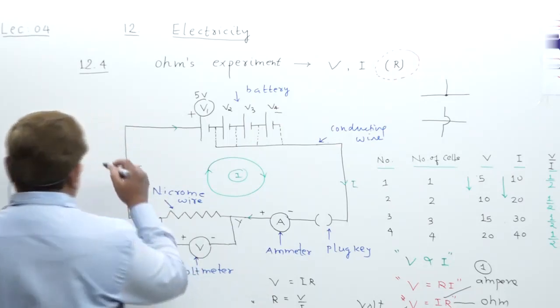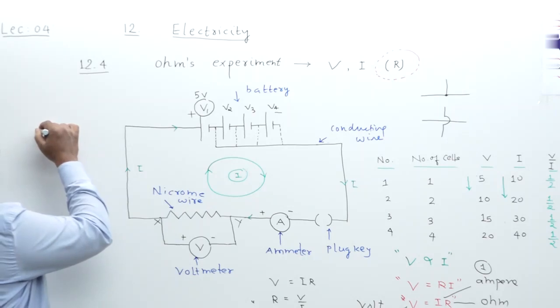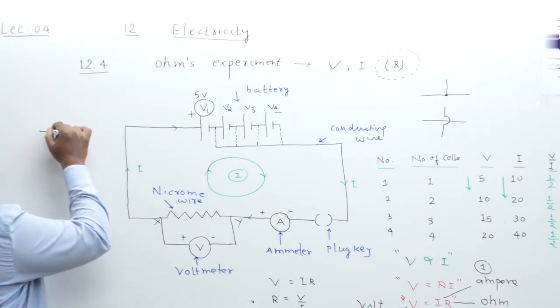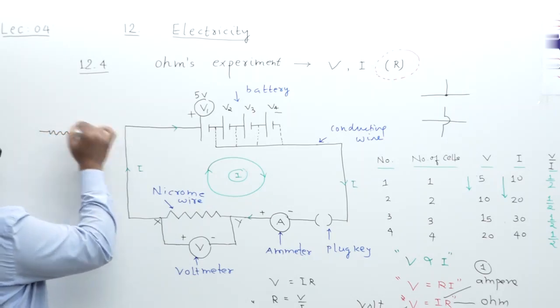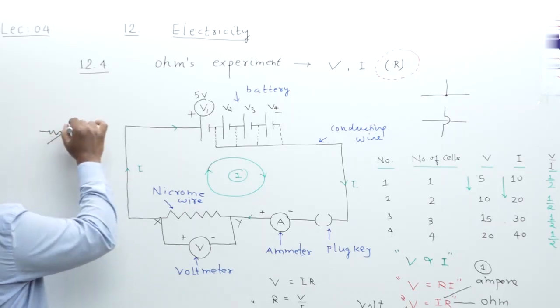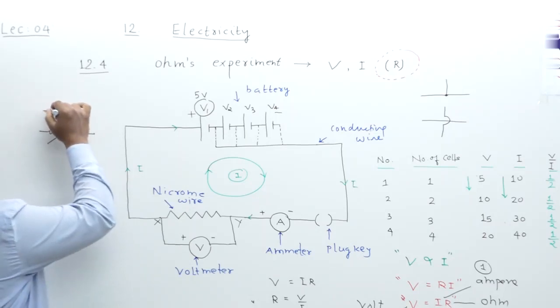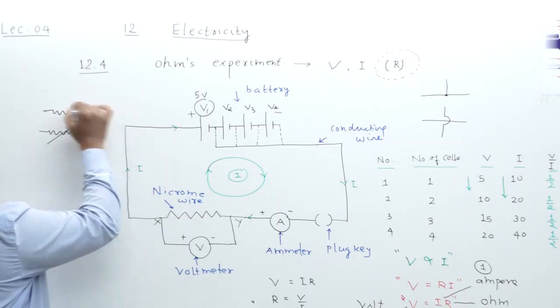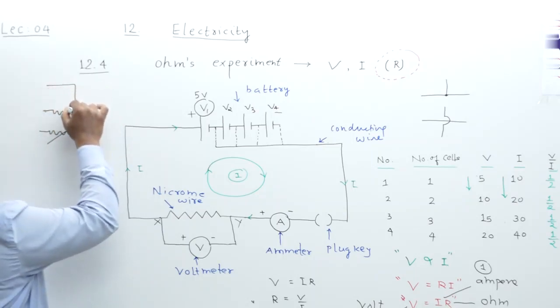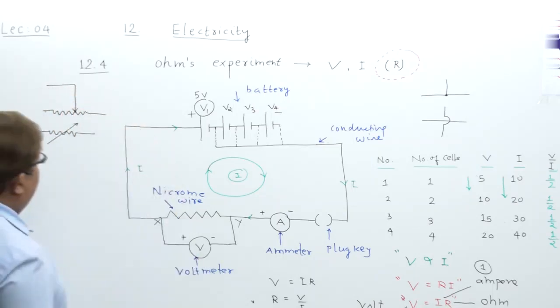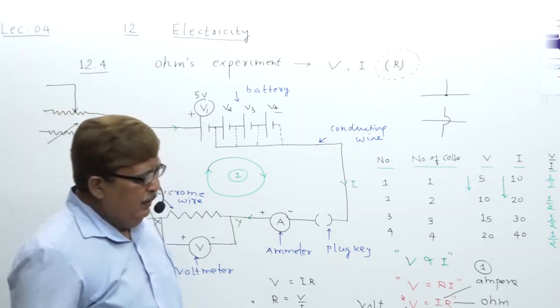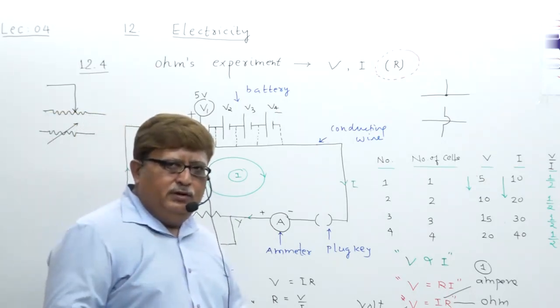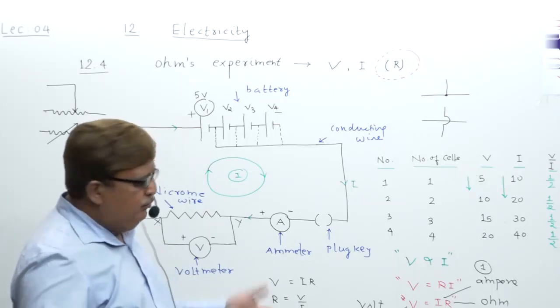So such symbols, sometimes this is the symbol of resistor. Sometimes you will show variable resistor also. Variable resistor has got this symbol. Sometimes variable resistor can also be shown this way. About bulb, we have done in one experiment also.